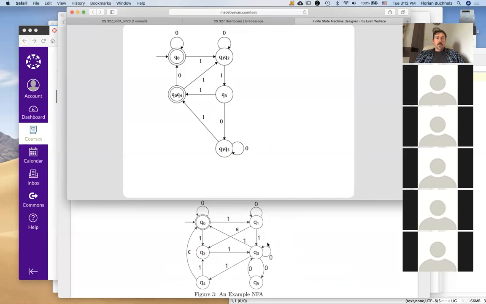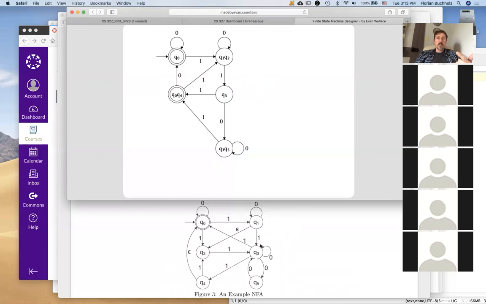So even if this self loop here weren't there, Q5 is represented here. From Q3, I can go to Q5, so Q5 needs to be part of my target state. And from Q5, I can get to Q3, so Q3 needs to be in my target state.